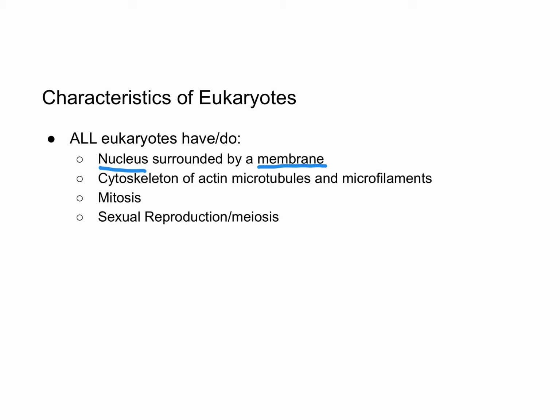And this membrane is really the important point because remember that prokaryotes do have DNA in a nucleoid region in the cytoplasm, but they don't actually have a membrane surrounding the DNA. And this membrane is similar in structure to the cell membrane, so it is a type of plasma membrane.